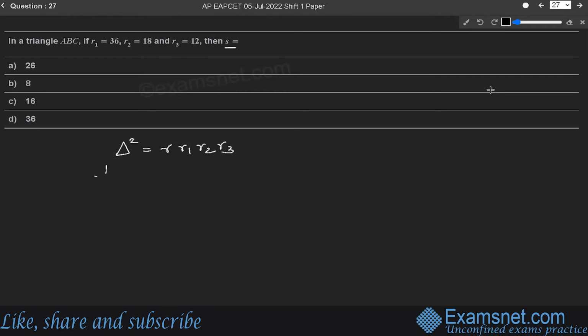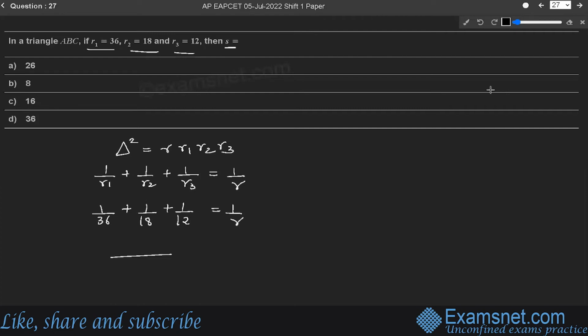We also know that 1 upon R1 plus 1 upon R2 plus 1 upon R3 is equal to 1 upon R. So substituting the values for R1, R2 and R3, we get 1 upon 36 plus 1 upon 18 plus 1 upon 12 is equal to 1 upon R, or taking the LCM, it will be 36 and 1 plus 2 plus 3 is equal to 1 upon R.